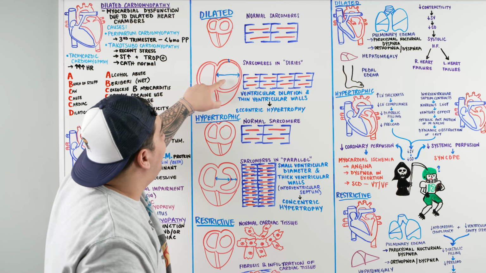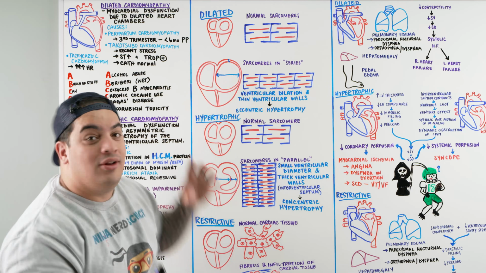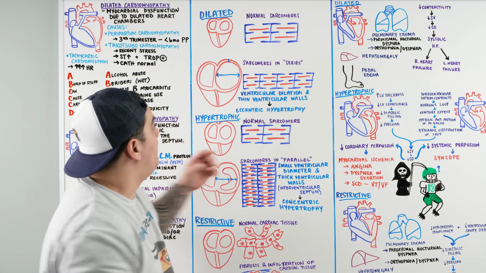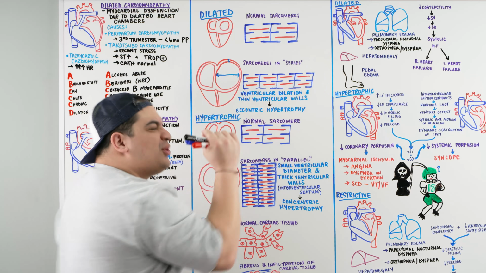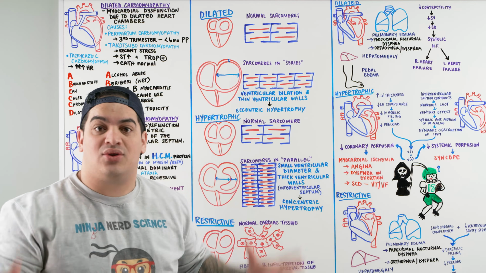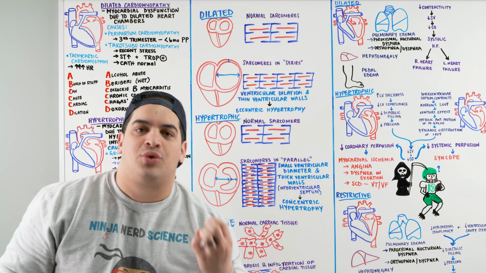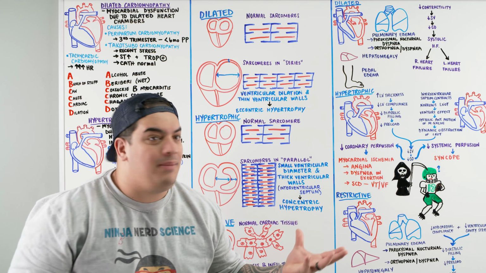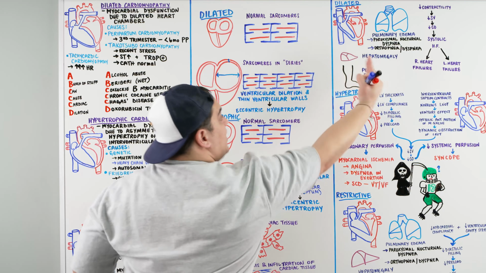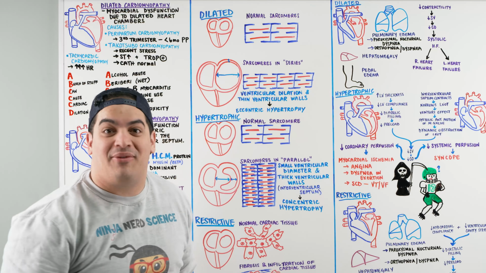If we take someone who has dilated cardiomyopathy, oh my gosh, look at the size of those ventricular lumens. They're huge, gargantuan. And the ventricular walls are super, super thin. What causes them to dilate so much? This is called eccentric hypertrophy. What does that mean? We add sarcomeres in a linear fashion, in series.